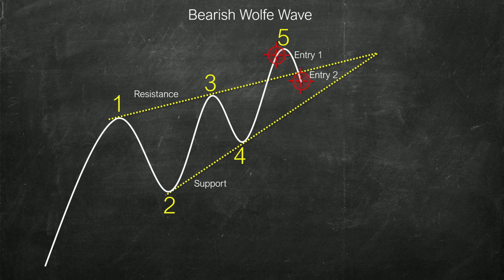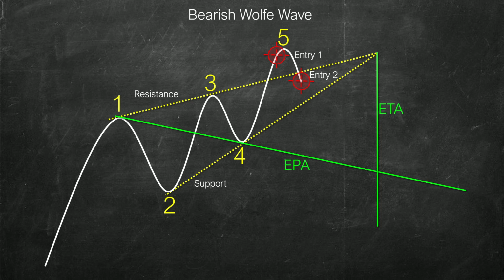From there, a vertical line is traced from the wedge's apex towards the bottom of the chart. This is called the ETA, or estimated time of arrival. We then trace a line from points 1 and 4 and extend it to the ETA line. We now have the EPA, which is the estimated price of arrival.